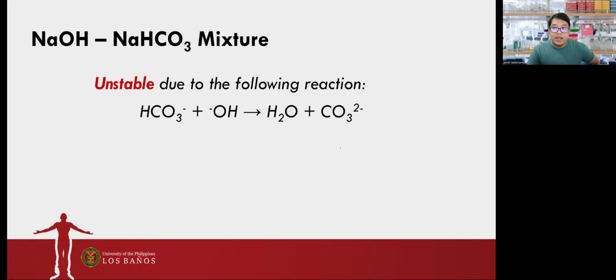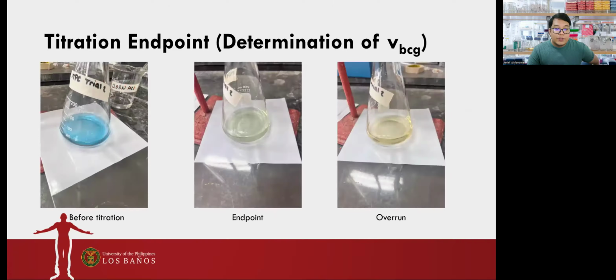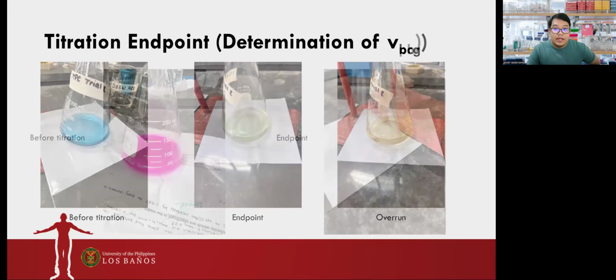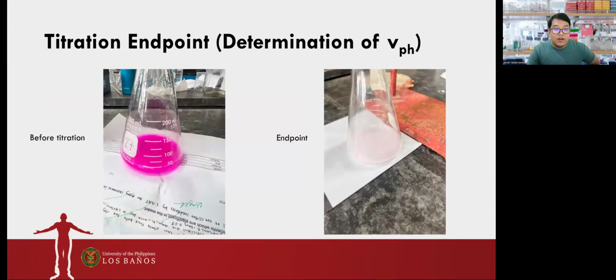So again, yung ating NaOH and bicarb mixture is unstable. So ito yung kulay ng before titration for BCG. Then yung endpoint natin na more yellow than green, then overall na kapag kulay yellow na yan. Then doon naman sa ating phenolphthalein, so magsistart yan sa intense pink, tapos ang endpoint natin is yung barely kita mo lang yung pagkakulay pink.